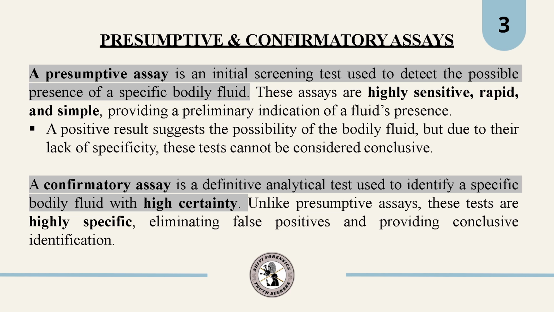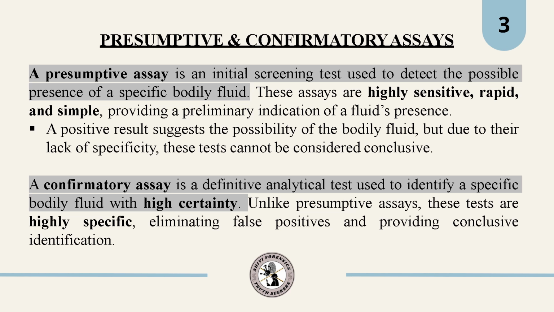The first one is the presumptive test. It is the initial screening test used to detect the possible presence of a specific biological fluid. When any fluid comes to the laboratory, you have to perform the test to determine whether it is a biological fluid or not.